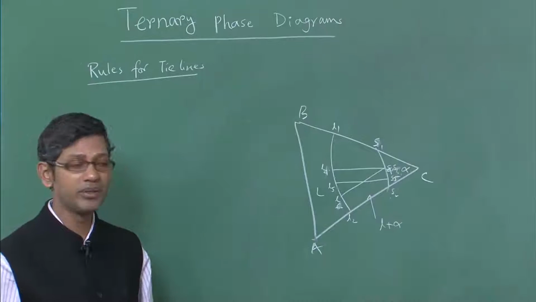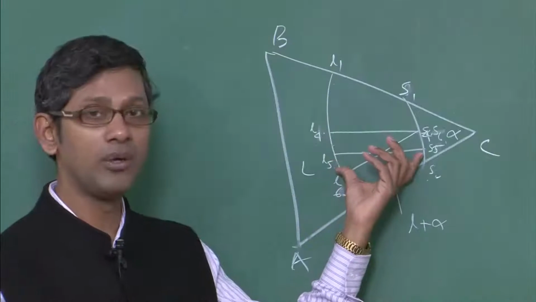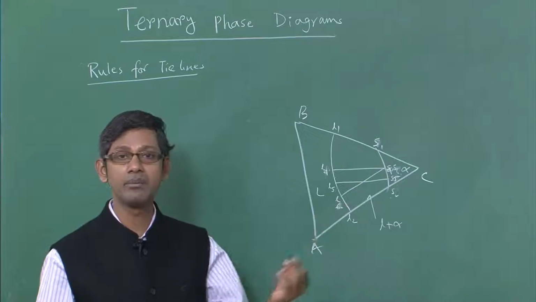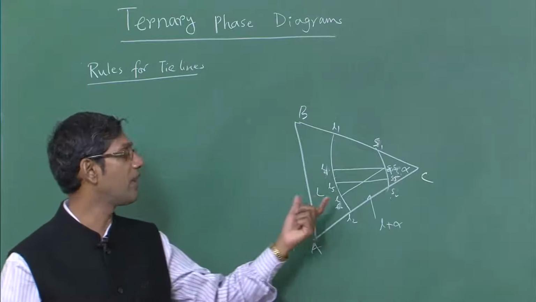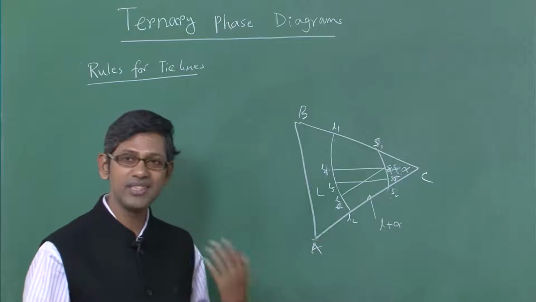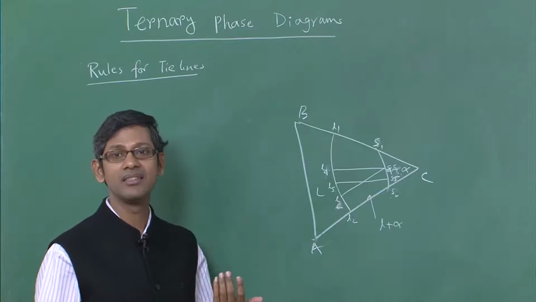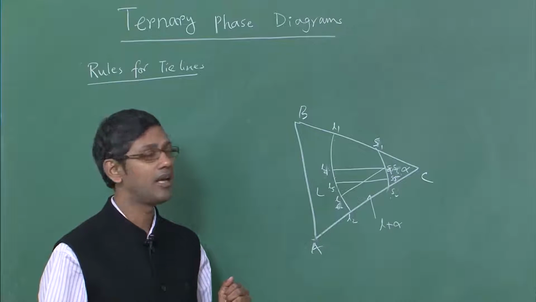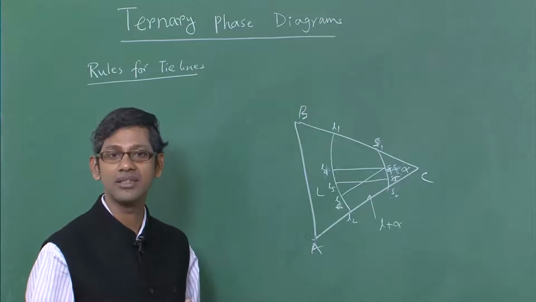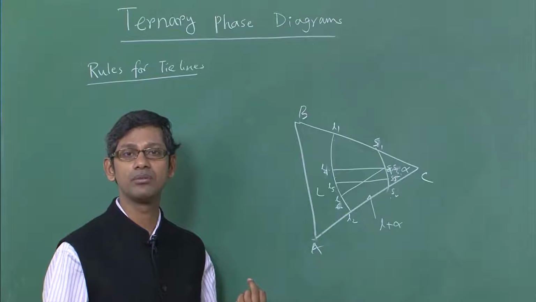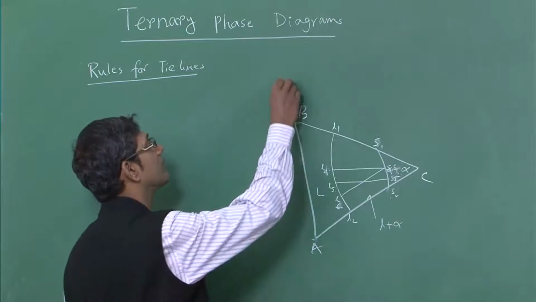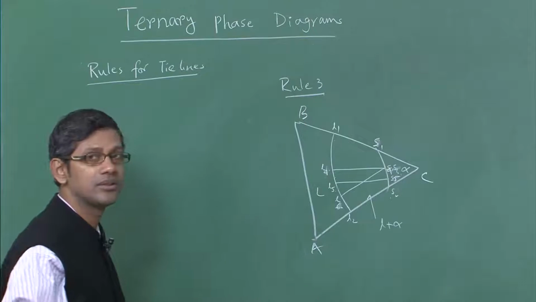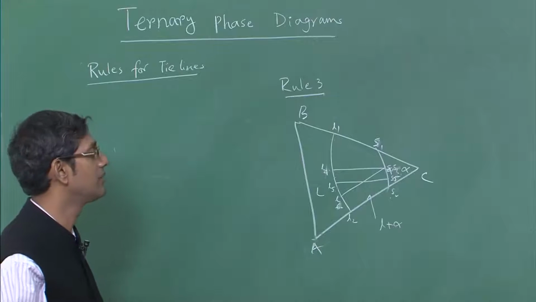As I told you a few minutes back, this is a 2 phase equilibrium zone, so the degrees of freedom is 2, but if 3 phases are at equilibrium, the degrees of freedom will be 1. This will violate the Gibbs phase rule. So tie lines inside this isothermal section will never intersect each other. If they intersect, this will violate the Gibbs phase rule. So this is rule number 3: the tie lines in an isothermal section will never intersect each other.